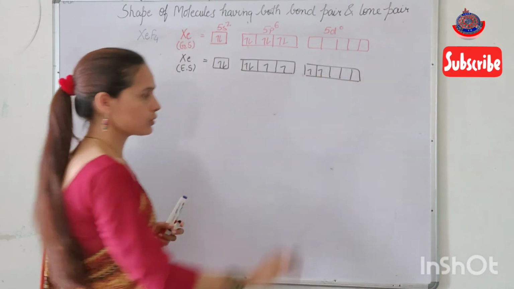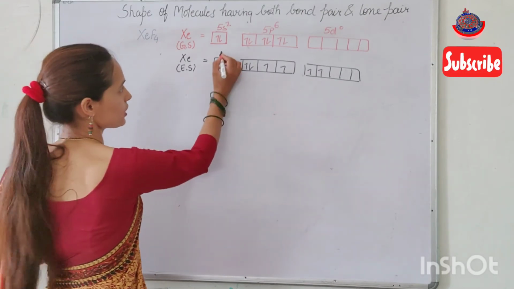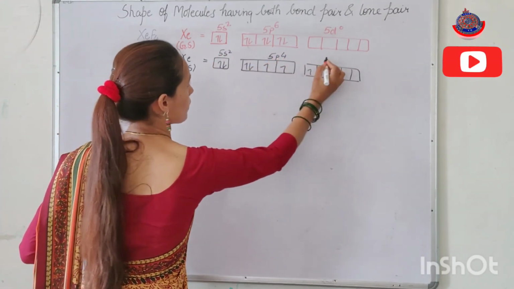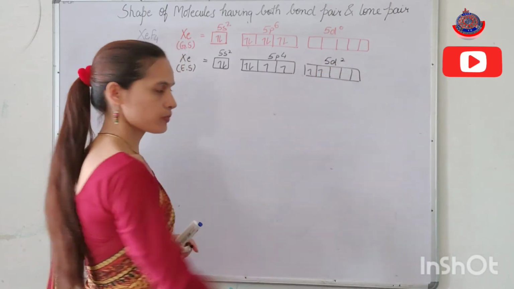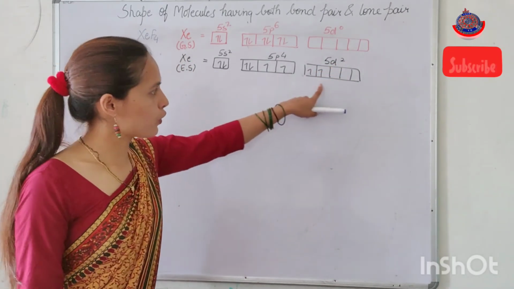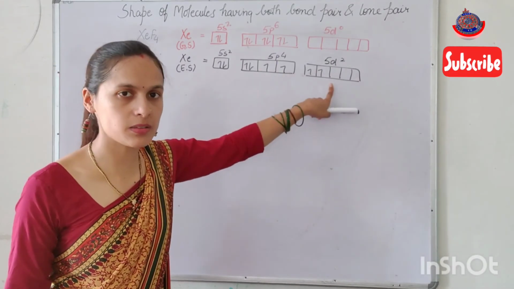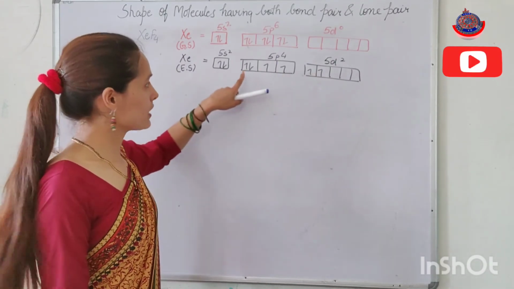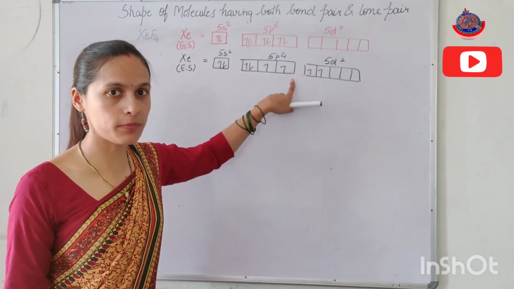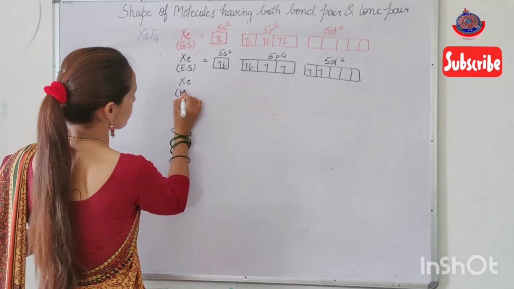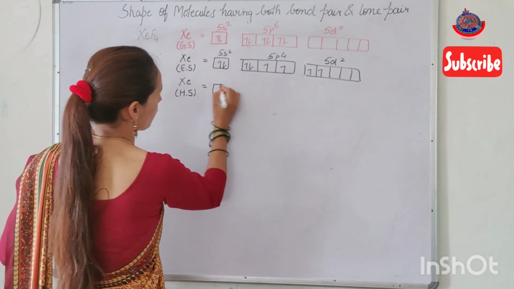So I get the configuration 5s2, 5p4, 5d2, and these will participate in hybridization, but without s and p these two p will not participate in hybridization. So in the hybrid state we get how many hybrid orbitals?